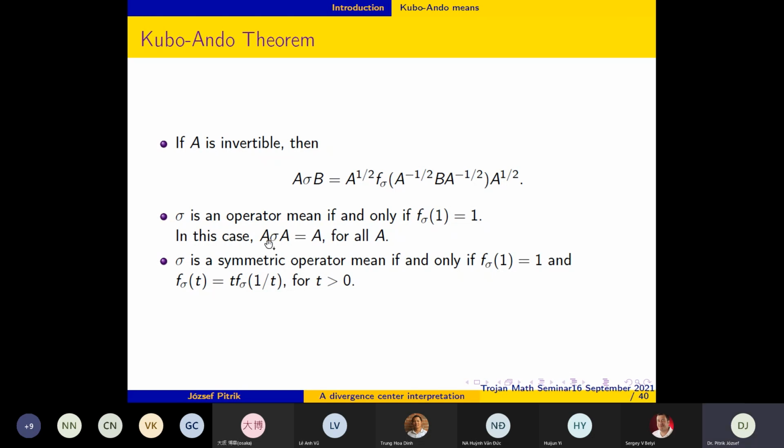It implies that A sigma A is equal to A for all positive A. Moreover, sigma is a symmetric operator mean if and only if the above condition holds and f_sigma(t) is equal to f_sigma(1/t) times t for all positive t. So with this, we have the complete characterization of bivariate Kubo Ando operator means and symmetric operator means by this formula.